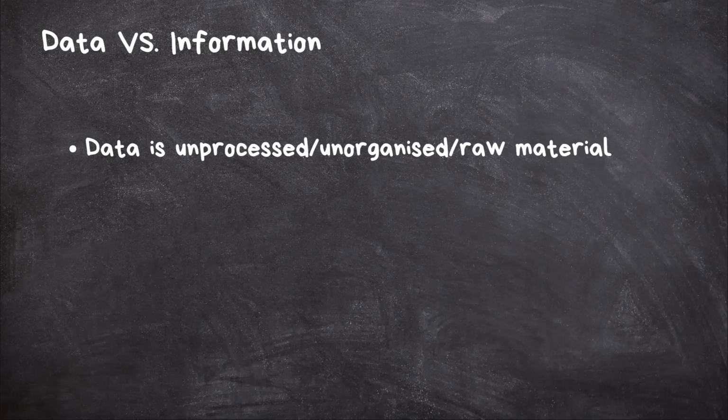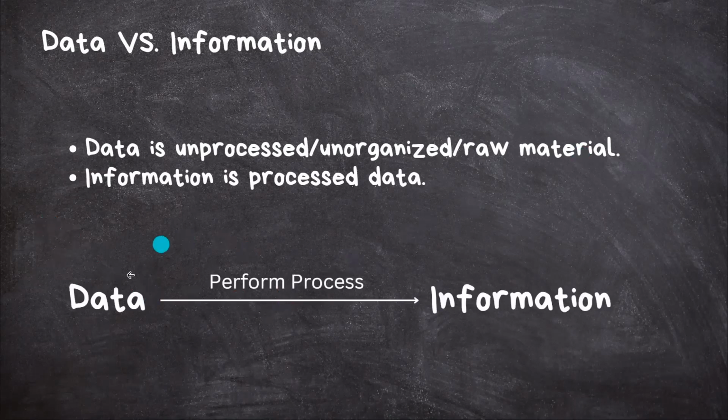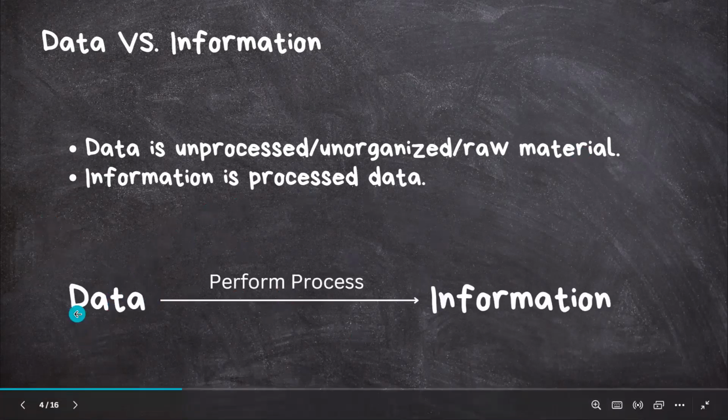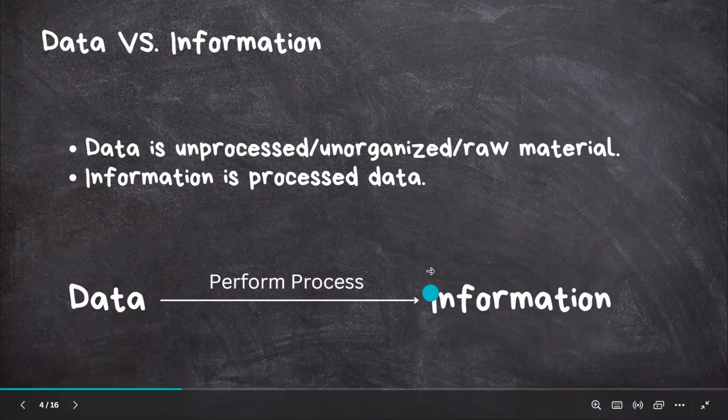But if you process this data, this unprocessed thing, or this raw material, it will become something useful, something meaningful, and that thing is known as information. So information is nothing but processed data. So you have data, you perform some process, and you convert this data into an organized, meaningful form, which is known as information.